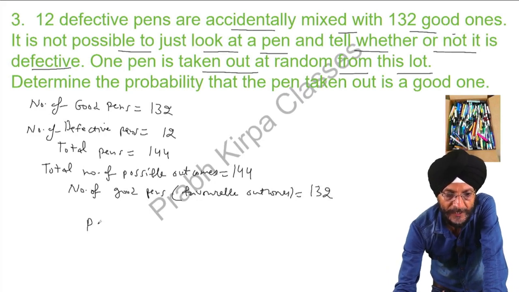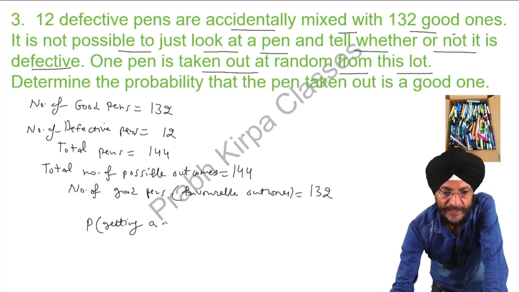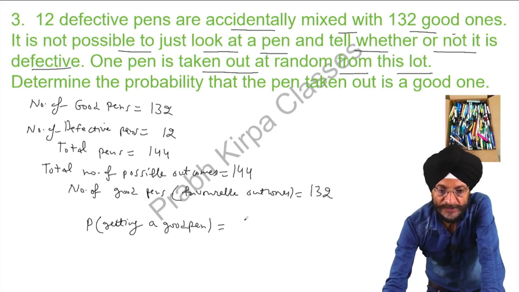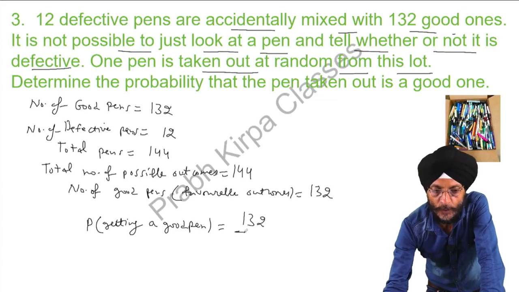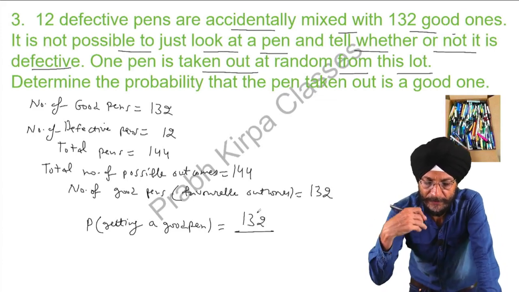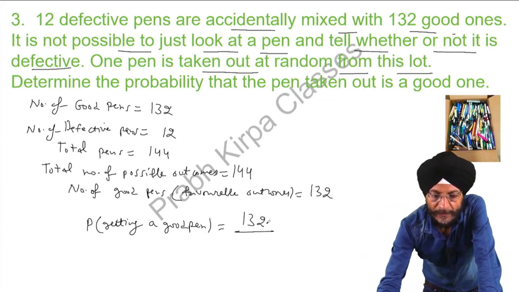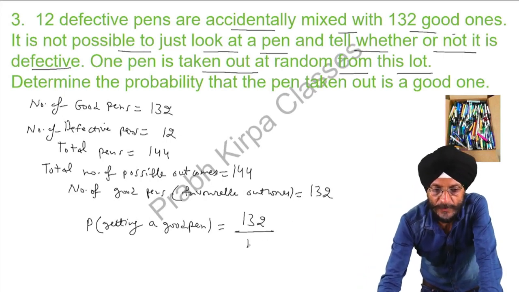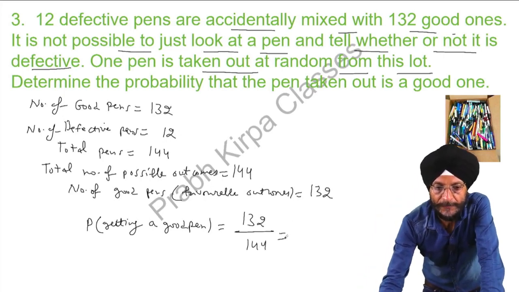So the probability of getting a good pen is equal to the number of favorable outcomes, that is 132, the number of good pens, divided by the total number of pens, or total number of possible outcomes.